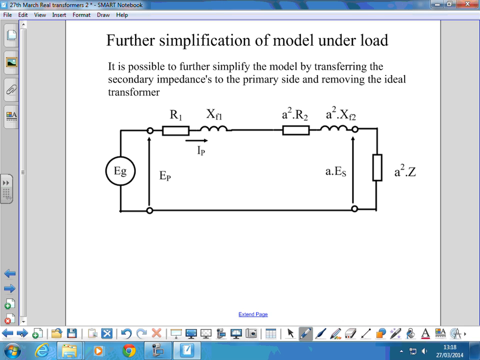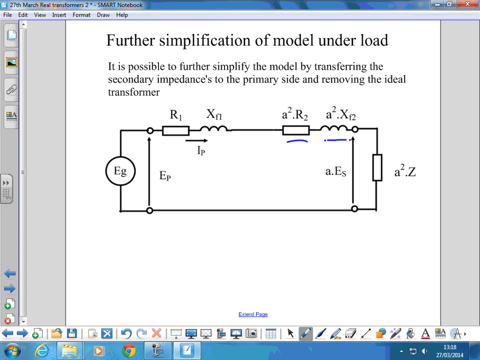We transfer the secondary leakage reactance and winding resistance by multiplying them by A squared. We can also bring the secondary terminal voltage across to the primary side by multiplying it by the turns ratio. We've then got all our impedances on one side of the transformer. We can drop the ideal transformer out of the middle.